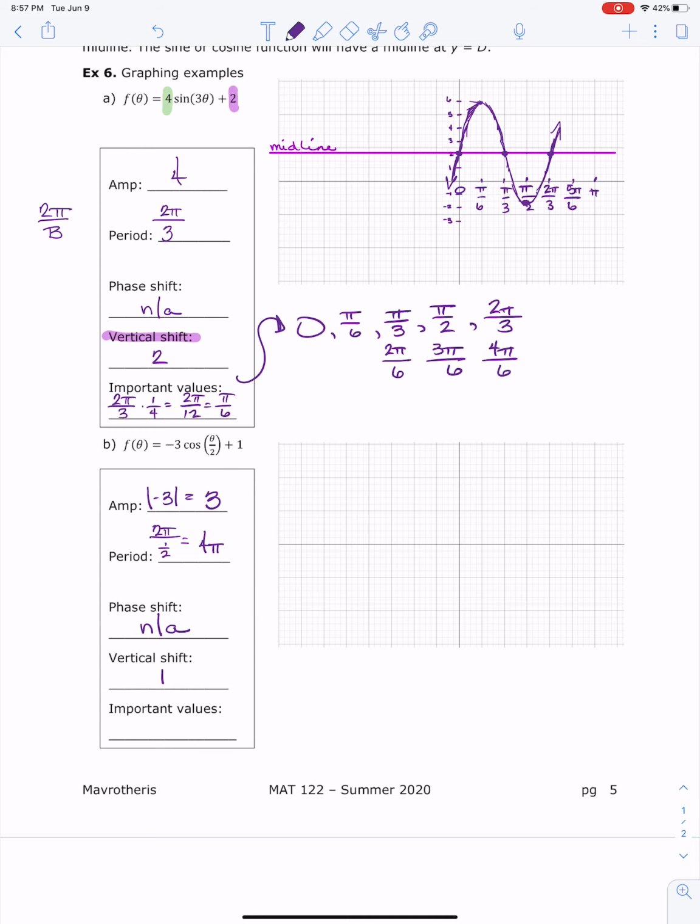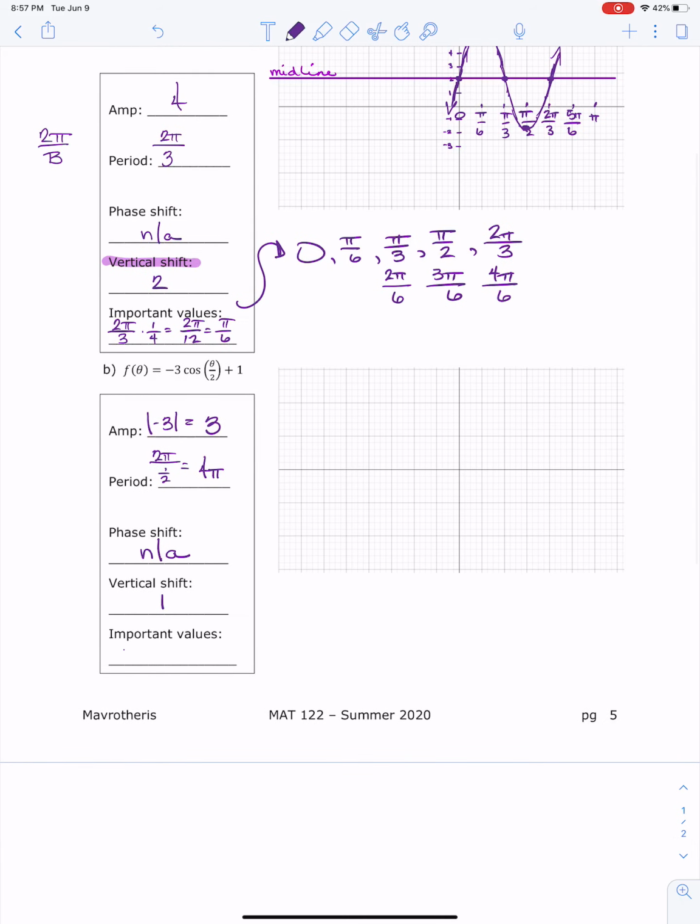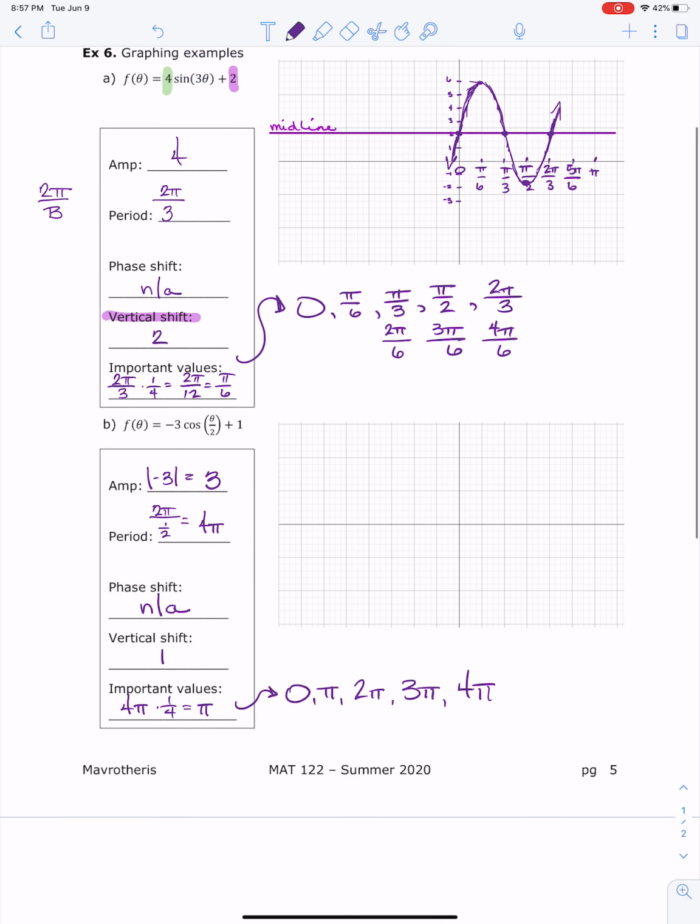Our important values, again, we want to take that 4 pi period and divide it into 4 equal parts. So these are going to be pi apart. So 0, 1 pi, 2 pi, 3 pi, 4 pi. There's my whole period. So when I go up here to graph this, 0, I'm counting by pi's.